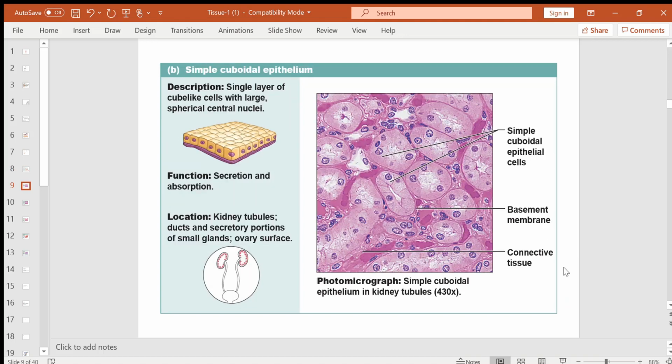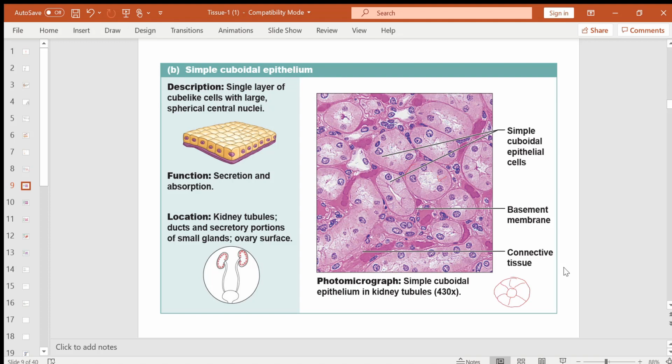Then simple cuboidal. If you see these tube-like structures here in this picture, let's see only one tube-like structure. Tubules or ducts, cross section. This is the lumen and this is the wall. Now if you see the wall, you have a single layer of cube-shaped cells.